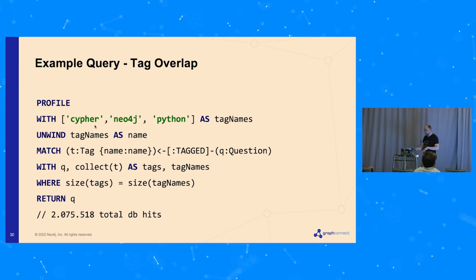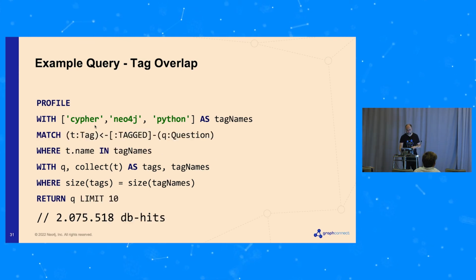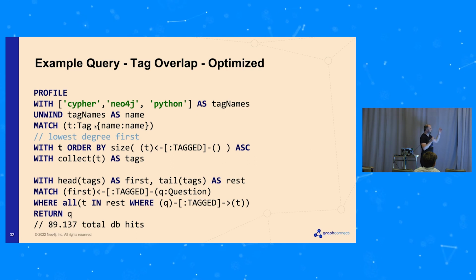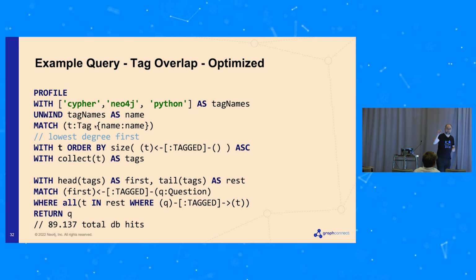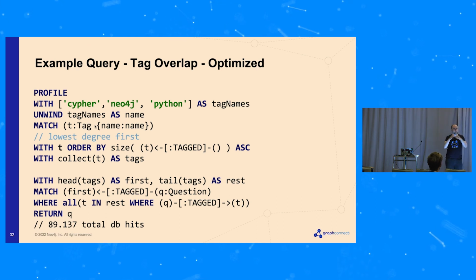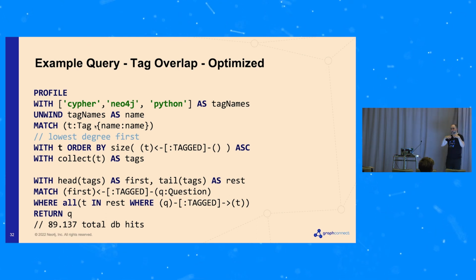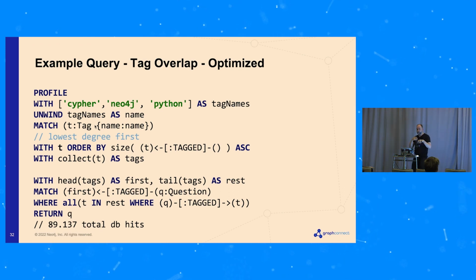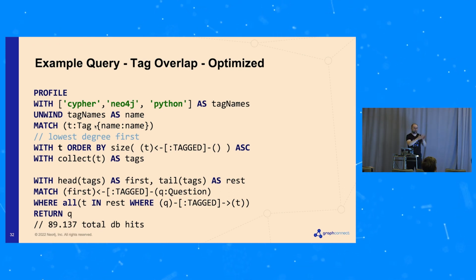So that's quite involved. A better solution is this one, which takes your tags, determines which of the tags has the lowest degree, so which is most selective, and then you get the questions for this tag. So you only have a small set of questions, and then you check these questions against the other remaining tags.